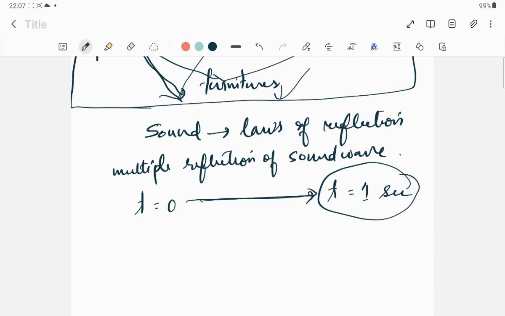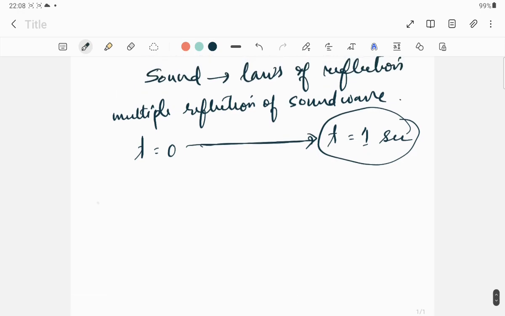Reverberation of sound means the prolonged reflection of sound from different walls, floors, ceiling of a room. It is also defined as the persistence of audible sound after the source has stopped emitting the sound. And the duration for which the sound persists inside the hall even after the source is cut off is known as reverberation time.